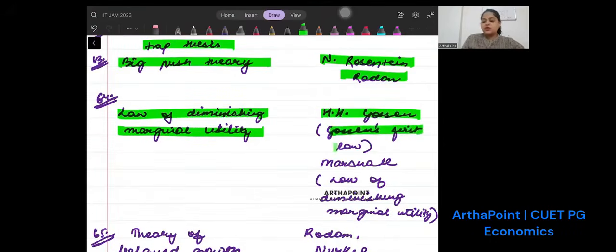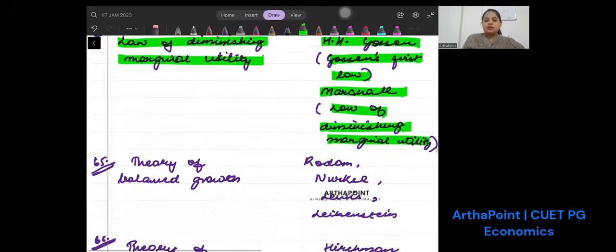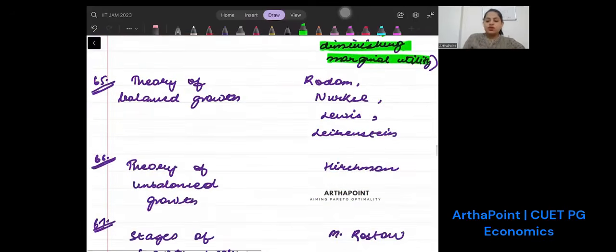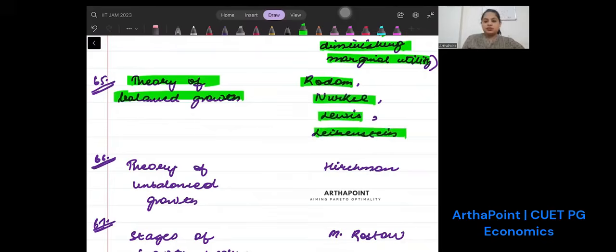It's called Gossen's first law, and then Marshall named it as law of diminishing marginal utility. Theory of balanced growth is under Rodan, Nurkse, Lewis, and Leibenstein. Theory of unbalanced growth is under Hirschman.